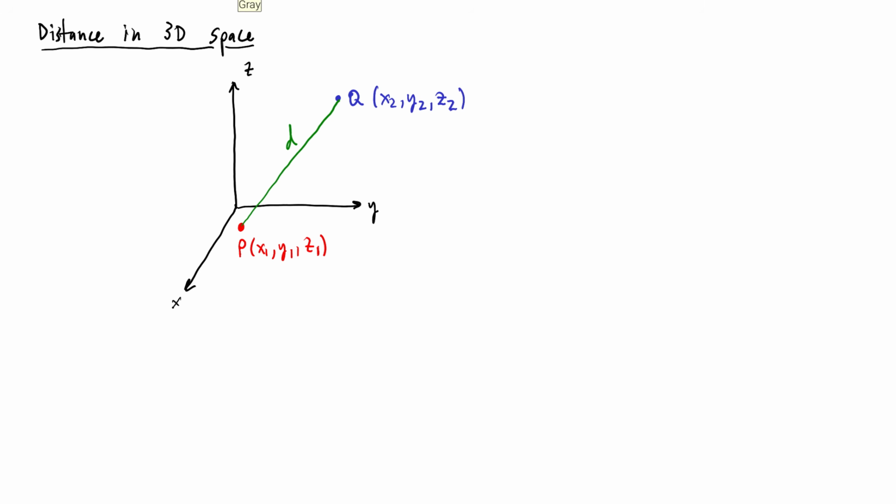So the way that we're going to do this is break this down into component parts. What do I mean by that? Well, the first thing I want to do is move from this point P in the x direction, from the x component of P over to the x component of Q. In my mind, I'm going to pretend that this point Q is out of the screen toward us, away from the point P. And let's say that we have to go this far.